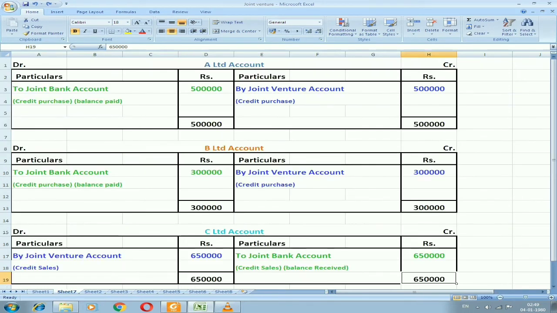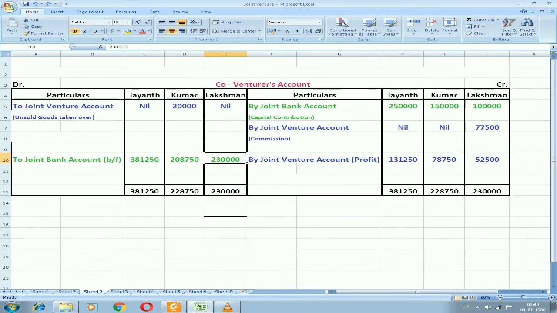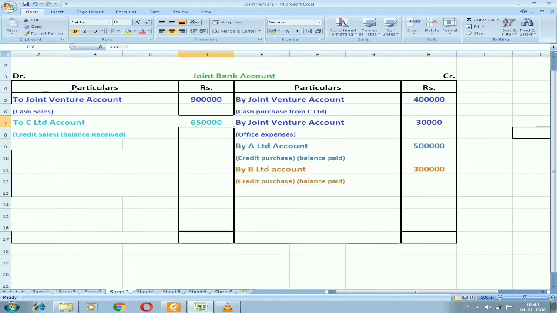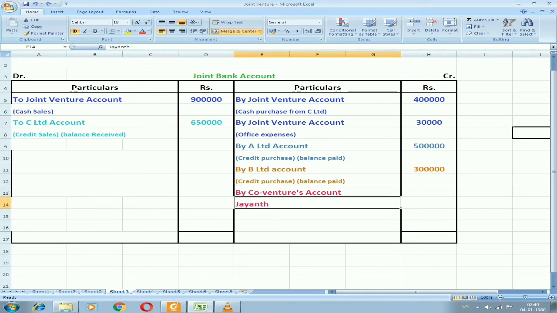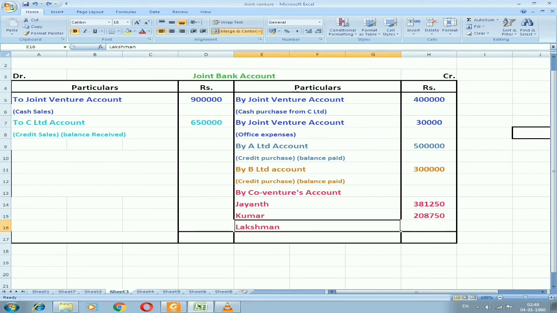On the co-ventures account, on the debit side, we have one joint bank account. So let us transfer that on the credit side. That is the joint bank account balance: 3,81,250, 2,08,750, 2,30,000. Let us transfer that on the credit side.